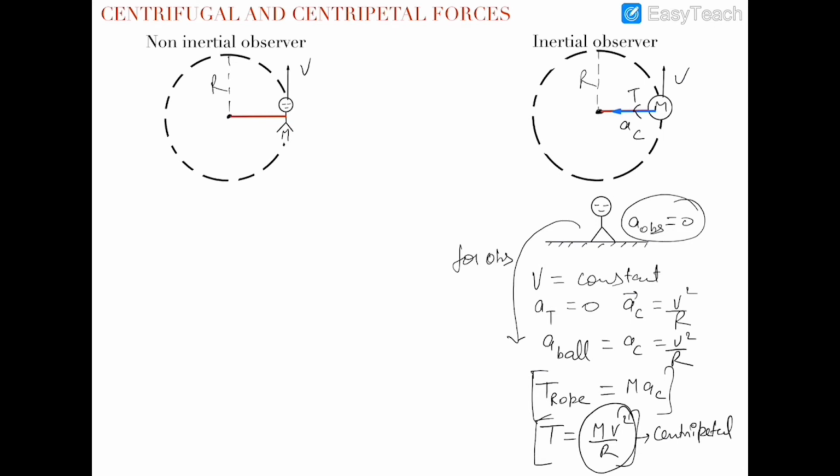So now when this man is himself rotating in the same circle and his mass is m, then this man is an accelerated observer, because he is rotating in the circle and his acceleration will be in the direction shown, towards the center.